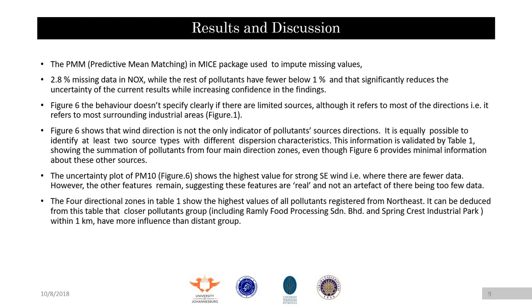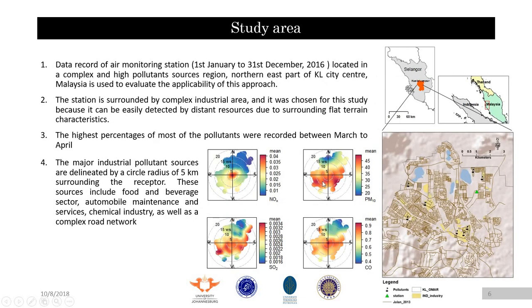In figure 6, we notice that the behavior isn't specified clearly, as we mentioned, because of the limited resources. So this is referring to the mostly surrounding industrial area. So figure 6 here, as we mentioned, is still confusing when we link it to figure 1 and we see all the pollutants around. So usually so far, this was the current technique of identifying the sources.